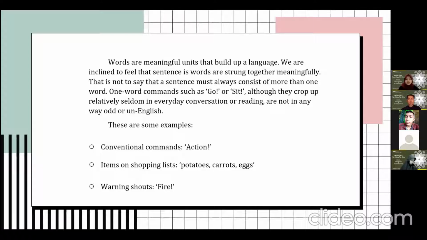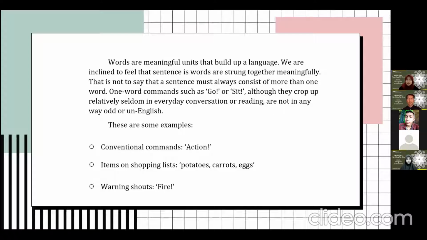For example, here are conventional commands such as action. We can commonly find it in a shooting area when the director asks the actors to start acting. It is only one word, right? Action. But we understand what it means just like it is a sentence.